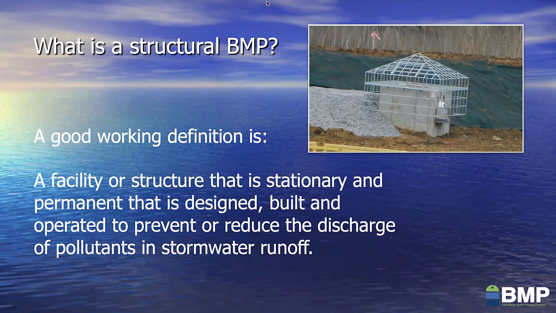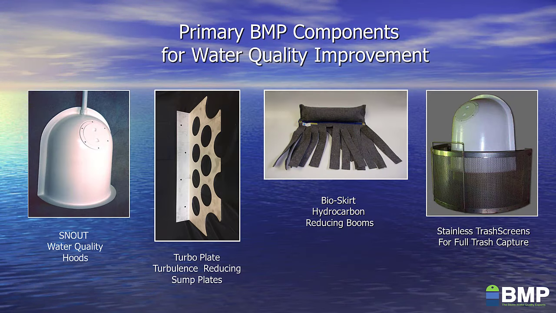This facility is at a Navy base in Annapolis, Maryland. The primary BMP components for water quality improvement that we're going to discuss today are water quality hoods, such as the snout, turbulence reducing sump plates, such as the turbo plate, hydrocarbon reducing booms, such as the bioskirt, and full trash capture devices, such as the stainless trash screen.